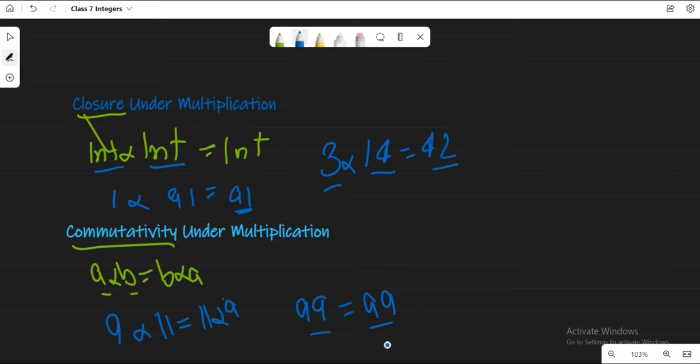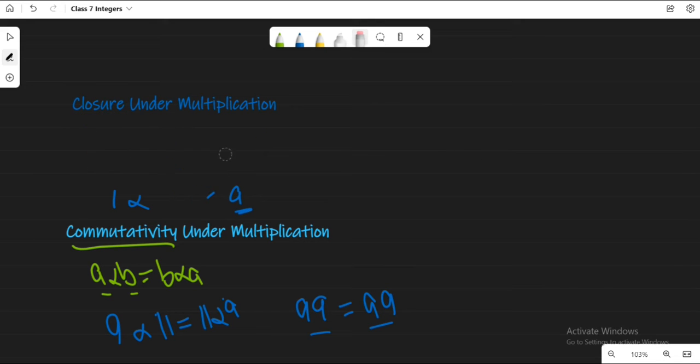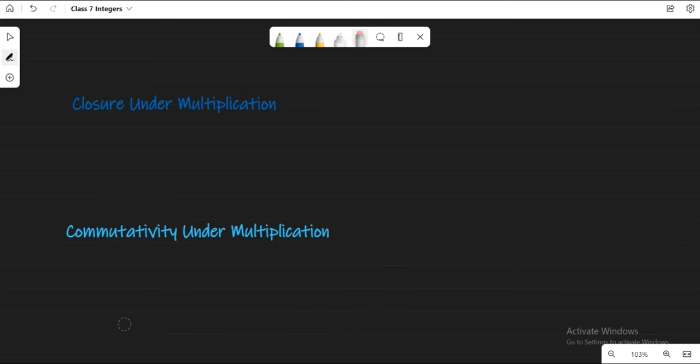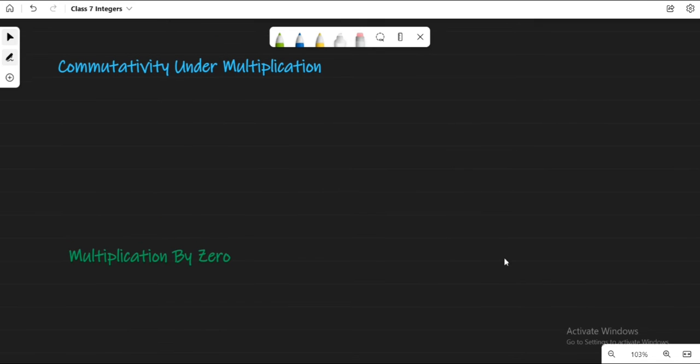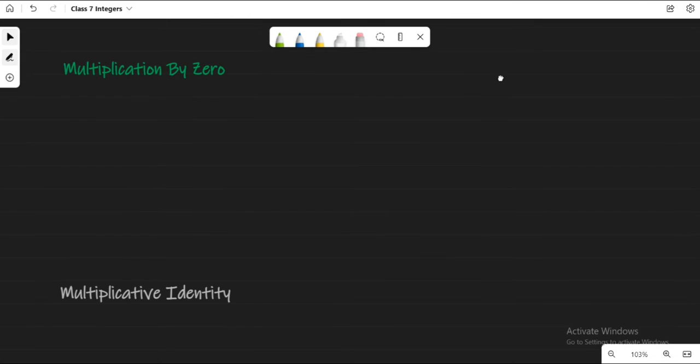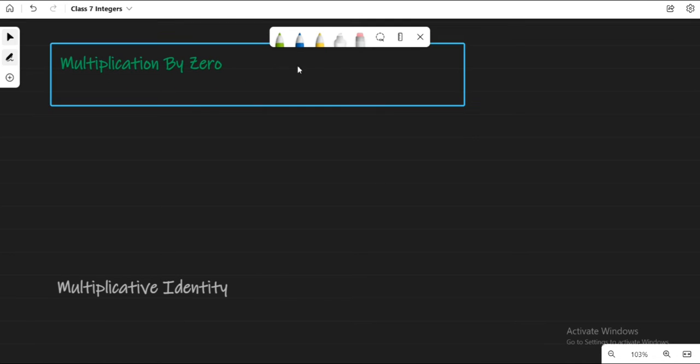So now we say that multiplication is commutative for integers. So now we have learned about closure under multiplication and commutativity under multiplication. Now we are gonna be covering multiplication by 0 and multiplicative identity.